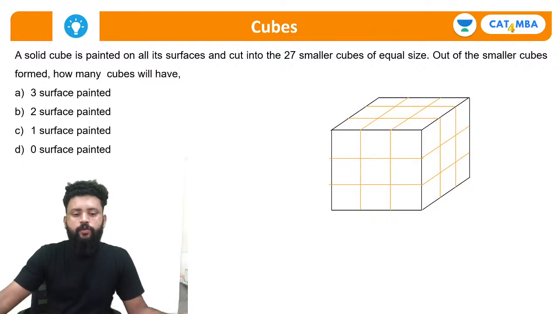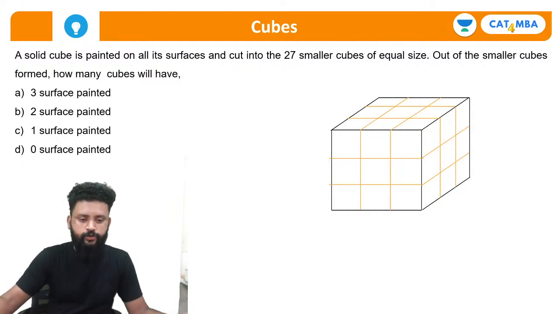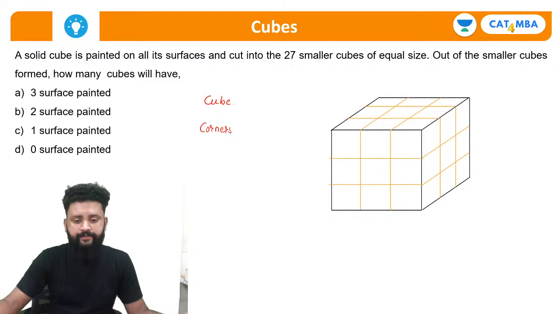Before cutting this cube, there was one big cube. So remember the basics related to a cube. How many corners, or you can say vertices, are there? There are 8 corners. If you talk about the number of edges, there are 12 edges.